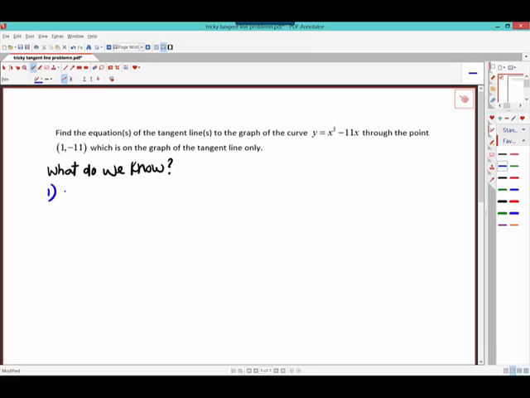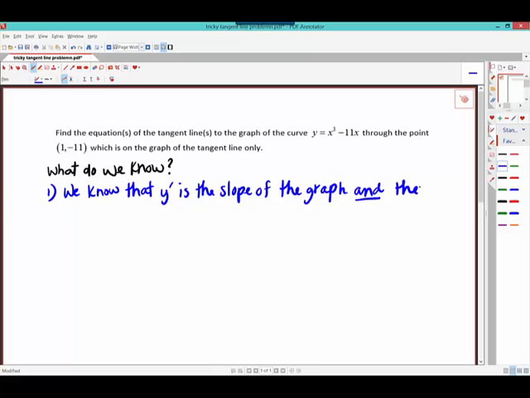Well, we know that y prime is the slope of the graph and the line tangent to the graph at x equals x. Good so far? All right.